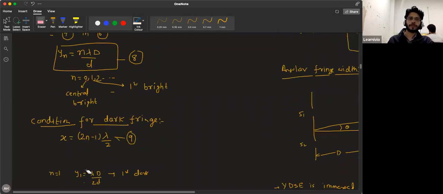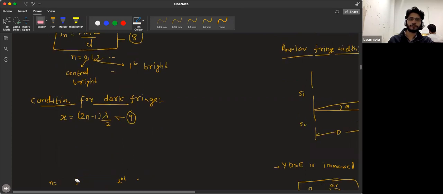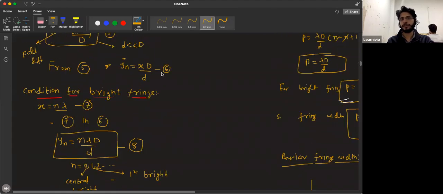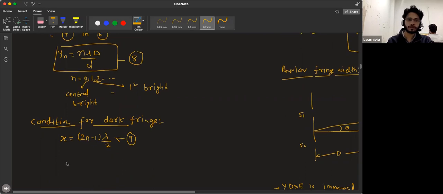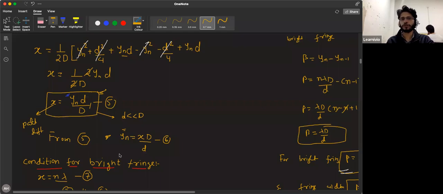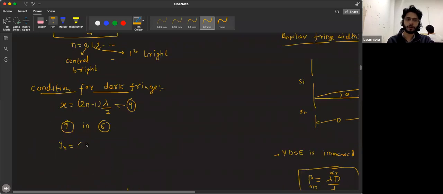We can substitute this 9 in 6. When we substitute 9 in 6, we get yn is equal to x capital D by small d. So instead of x, you can write (2n minus 1) lambda by 2. So yn is (2n minus 1) lambda by 2, into capital D divided by small d.